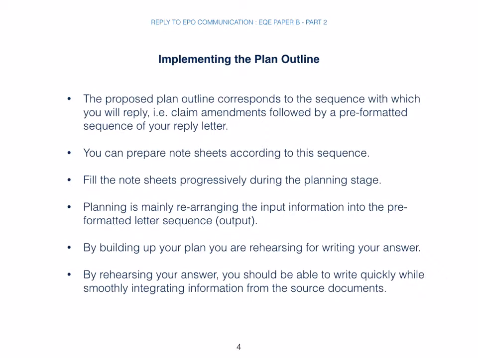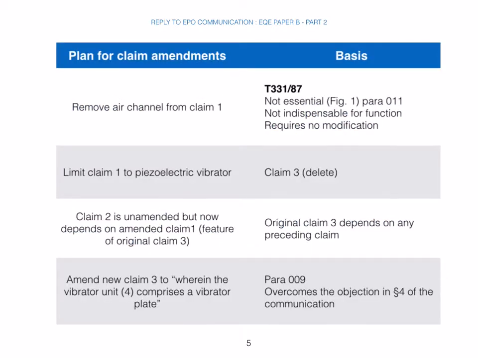Let's start planning our claim amendments. On the left, I have the proposed claim amendment. On the right is the basis I will use for the amendment. Firstly, the first amendment will be to remove the air channel from claim 1, and for this I put as basis T33187, which is a very standard case law decision reported in the guidelines.